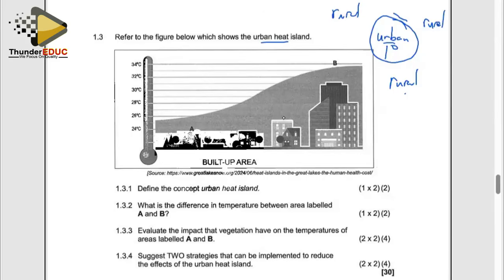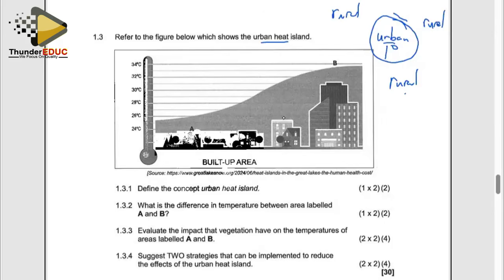There are just few natural surfaces. And also talk about the vegetation in the urban area is limited compared to the surrounding rural areas. So for those reasons, there are more factors that contribute towards absorption of heat in the urban area. And as a result, the urban area gets higher temperatures compared to the surrounding rural area.